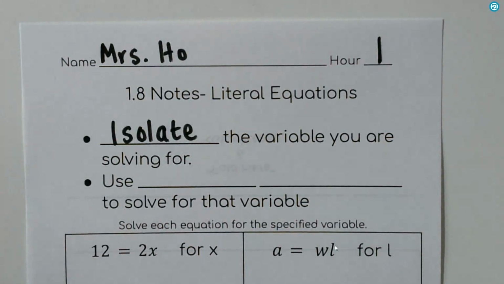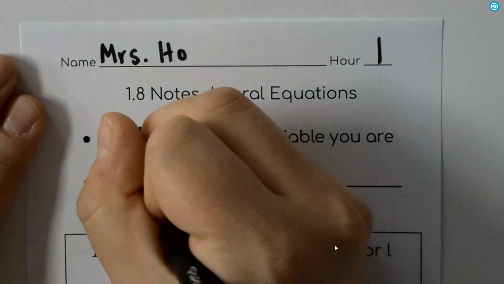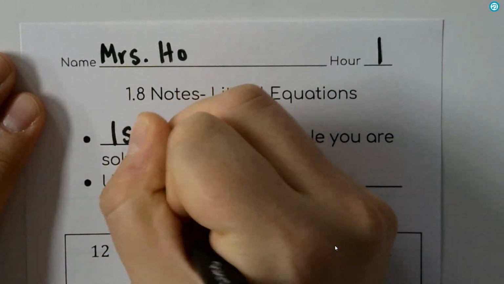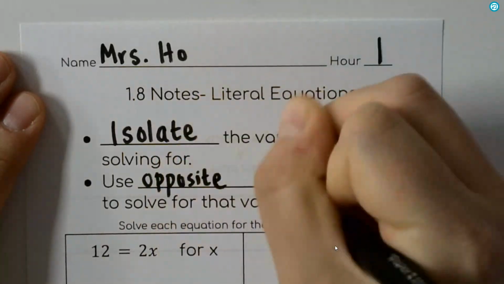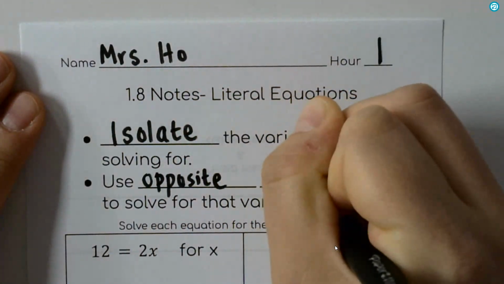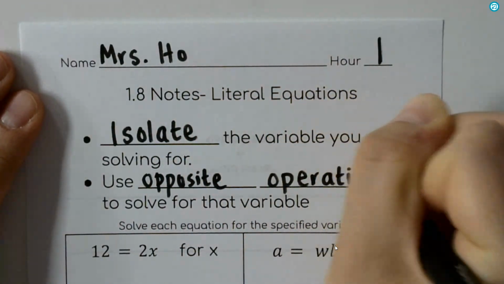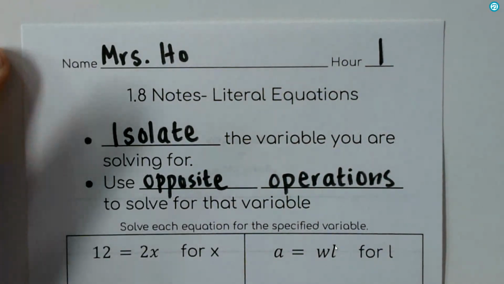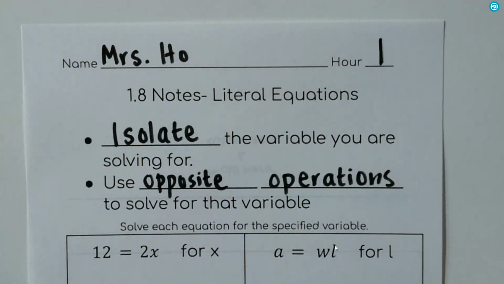At the beginning of the unit, our goal was to always solve for x. When we are isolating a variable, we still always just use opposite operations. Addition is the opposite of subtraction. Multiplication is the opposite of division.